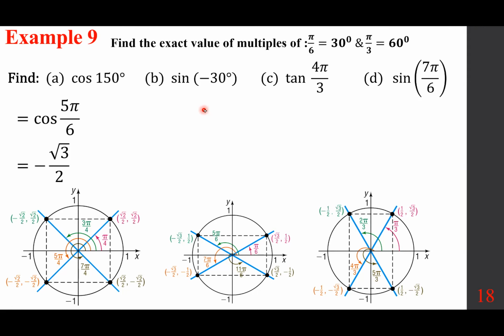Sine of negative 30 degrees is in the fourth quadrant, my apologies, and sine is the y coordinate, and it becomes negative 1/2. So we are looking at negative 1/2 here.